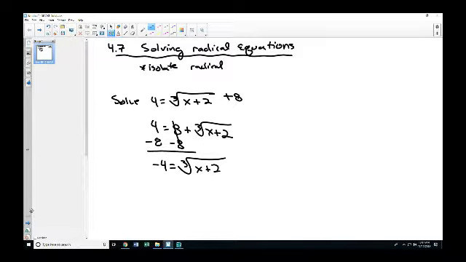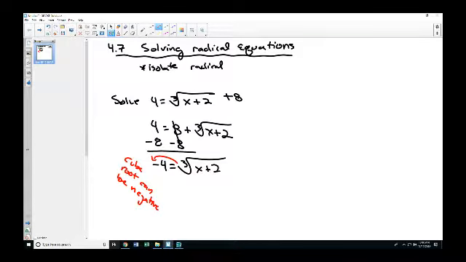Quick side note, can a cube root be negative? Yes, cube roots can be negative. In fact, any odd root can be negative. Can even roots be negative? No. Okay, so keep that in mind.